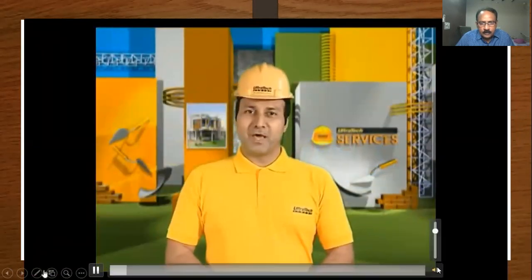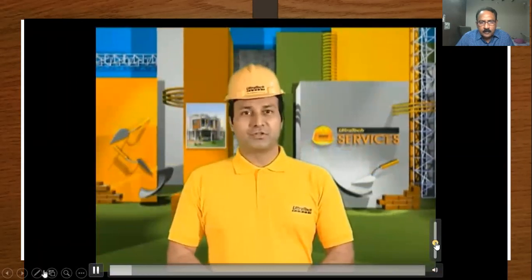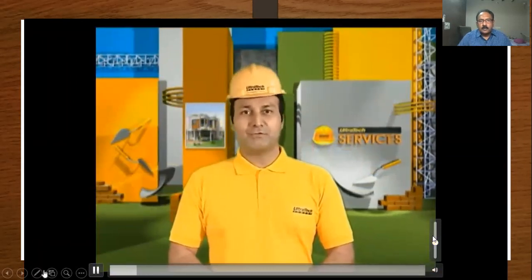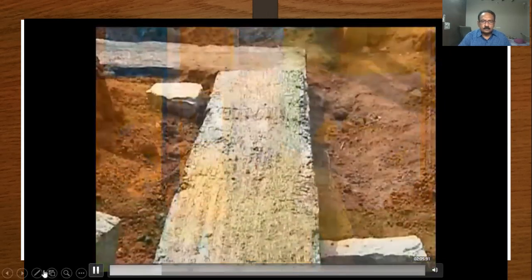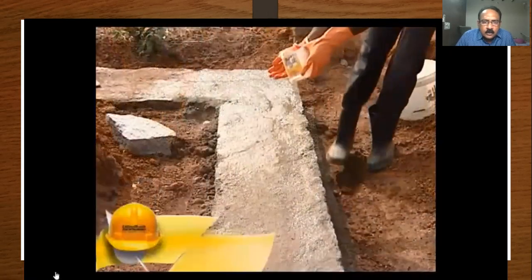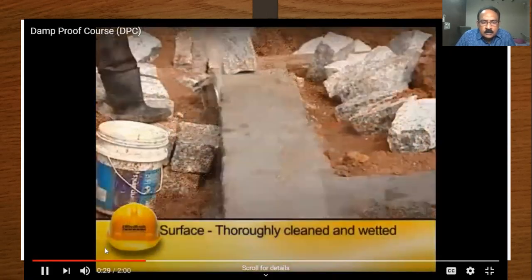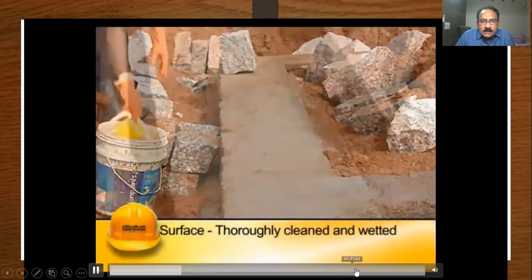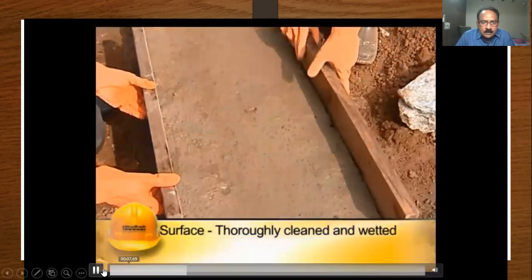DPC is a horizontal barrier in a wall intended to resist moisture rising through the structure from the foundation. A DPC layer is usually laid below all masonry walls, irrespective of whether the wall is a load-bearing wall or a partition wall. This video shows the procedure of laying damp-proof course. You observe. The surface on which the damp-proof course is laid shall be thoroughly cleaned and wetted before starting the work.